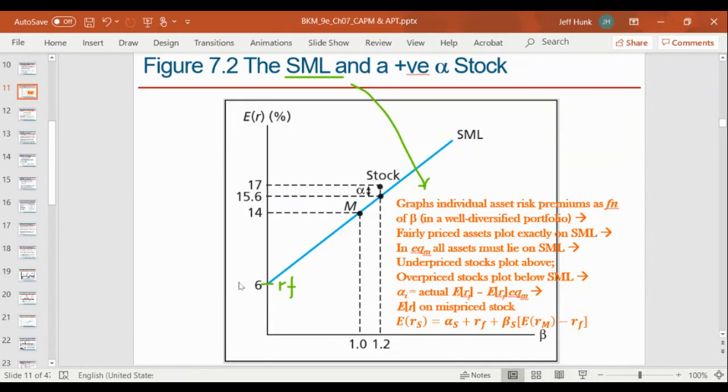Or when, I'm sorry, when the market excess return is zero. But it's the same thing. In a security market line, the horizontal axis is beta.